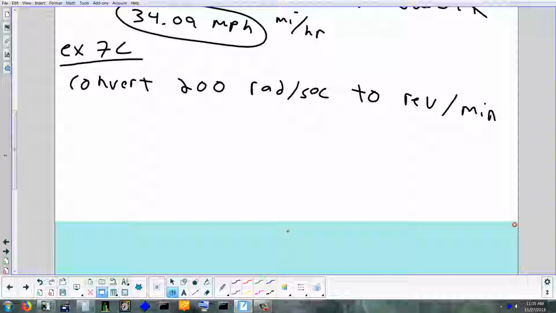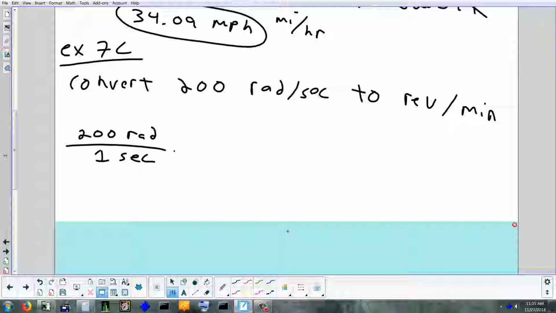All right, so 200 radians per second, and we're going to convert it to revolutions per minute. So 200 radians in 1 second. Let's deal with the time first. What could I multiply by to get seconds to minutes?